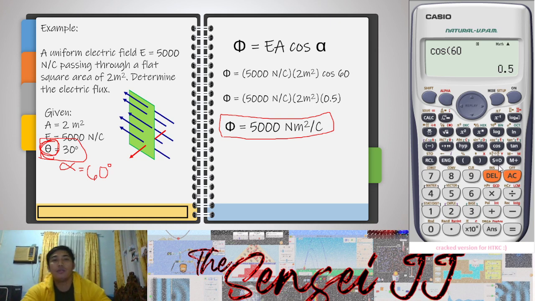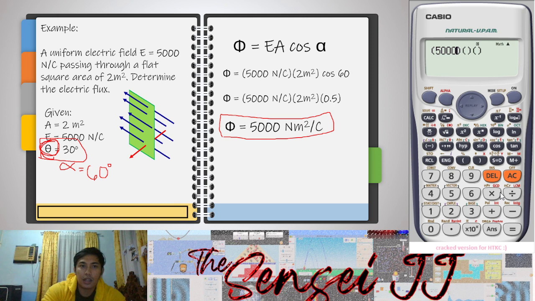Okay, so we have here 5,000 and we have here our 2 square meter and 1/2 or 0.5. So as you can see, this is 2 times 1/2. That means 1. That's why we will be having the answer of 5,000 Newton square meter per Coulomb.